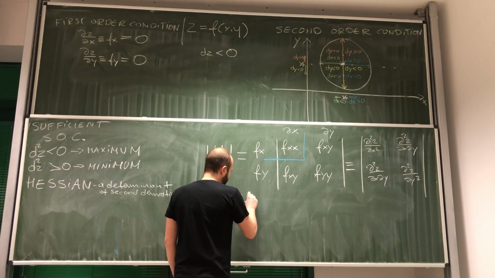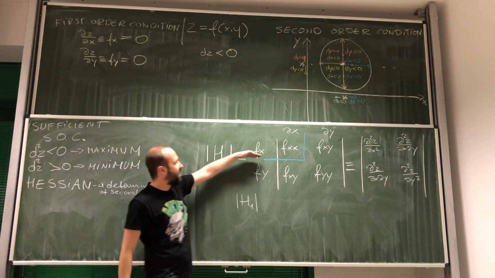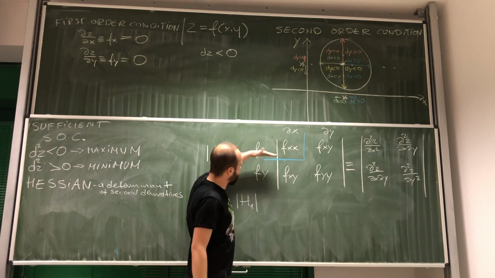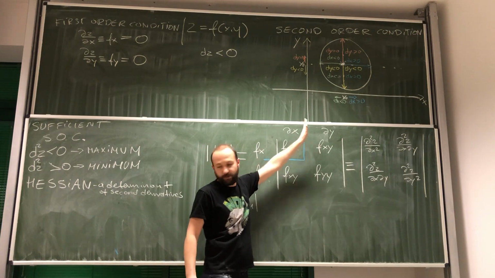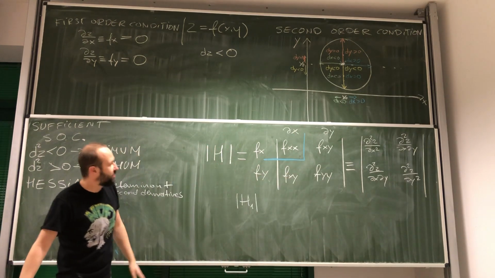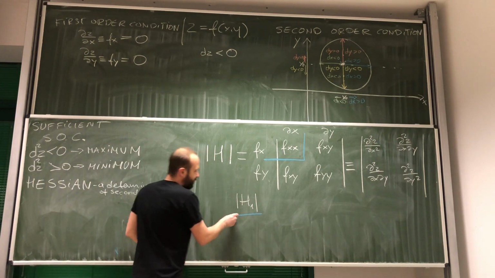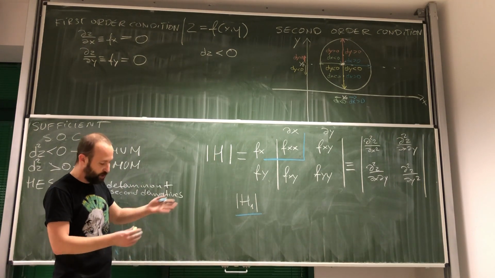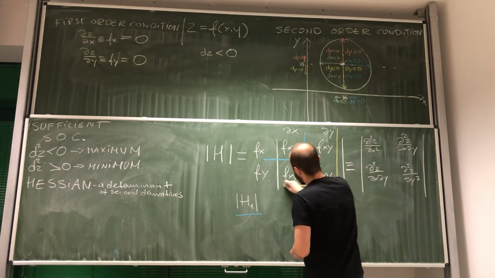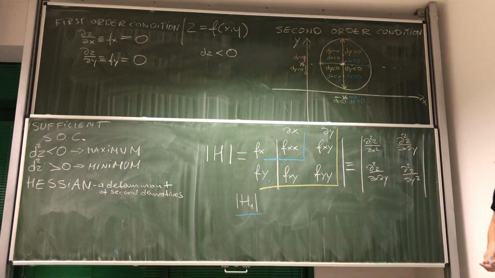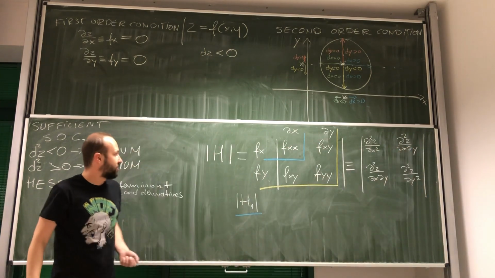If we want to find the first principal minor, all we have to do is cut down the first part of the first square from the determinant. So in this case, we can find either H1 or the second principal minor, H2.